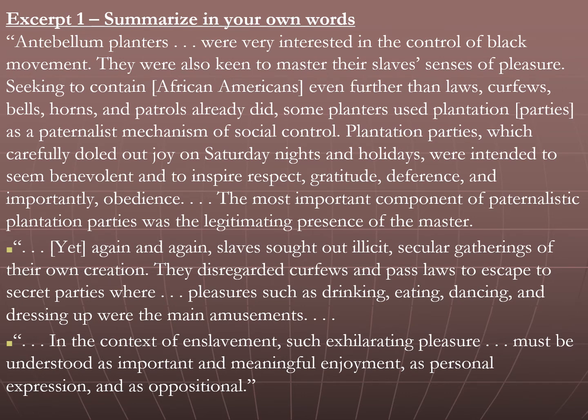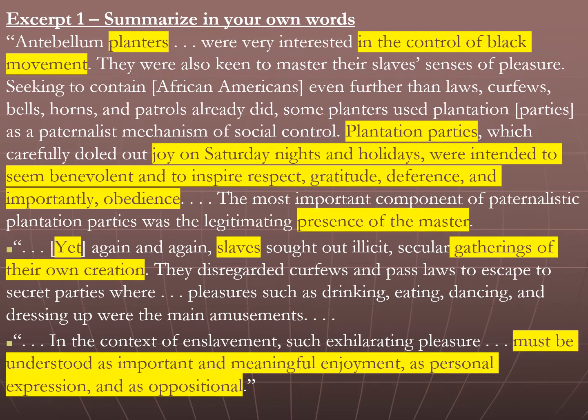I want to go through with you what this excerpt is saying. Now, if you look, you'll see that I've highlighted a couple of different words that kind of point out the main idea of the excerpt. So there are planters, or people who own plantations, who want to control Black people's movement.